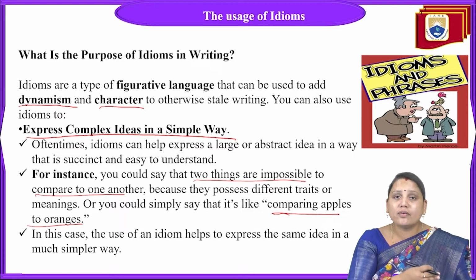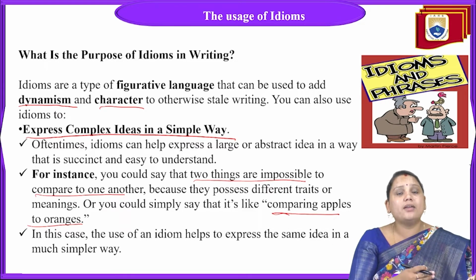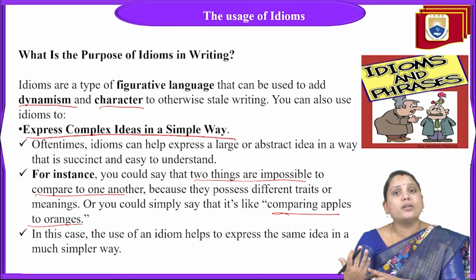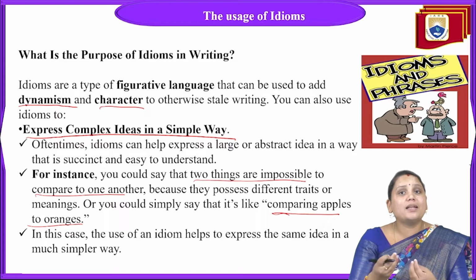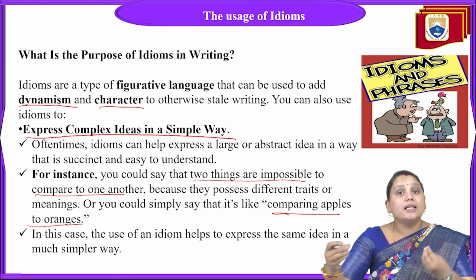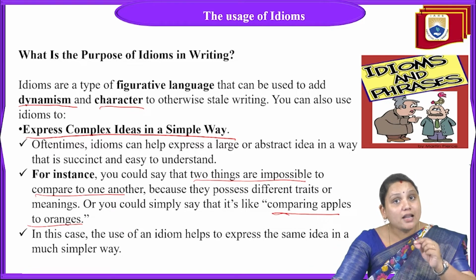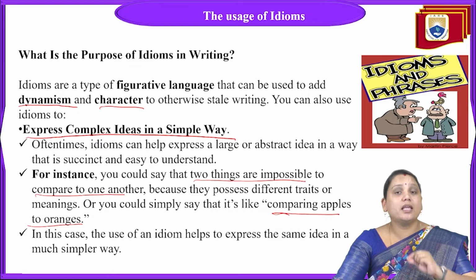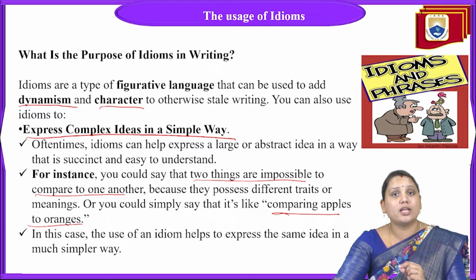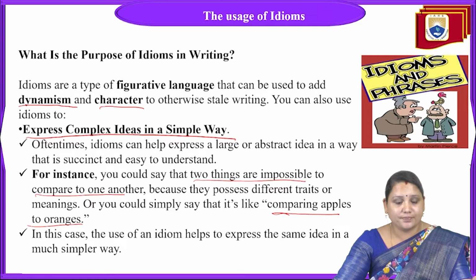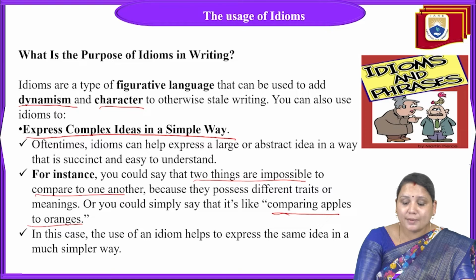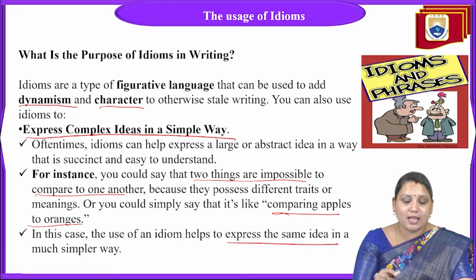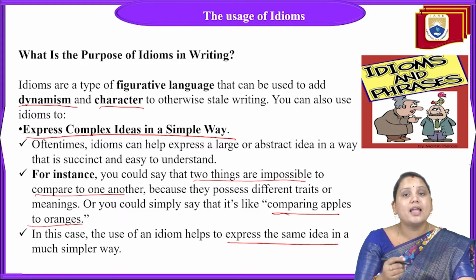Apple has its own criteria and advantages, and oranges have their own criteria and advantages. Comparing these two is completely senseless. In the same way, to render that kind of meaning in my communication, I am using this idiom. Now, in this case, the use of an idiom helps to express the same idea in a much simpler way, isn't it?